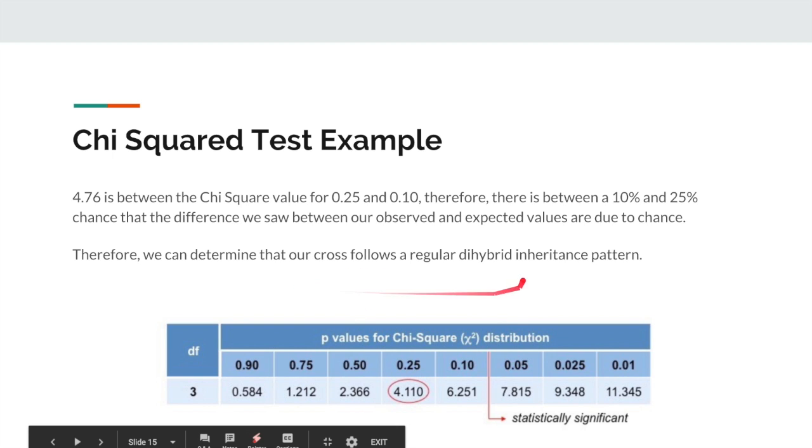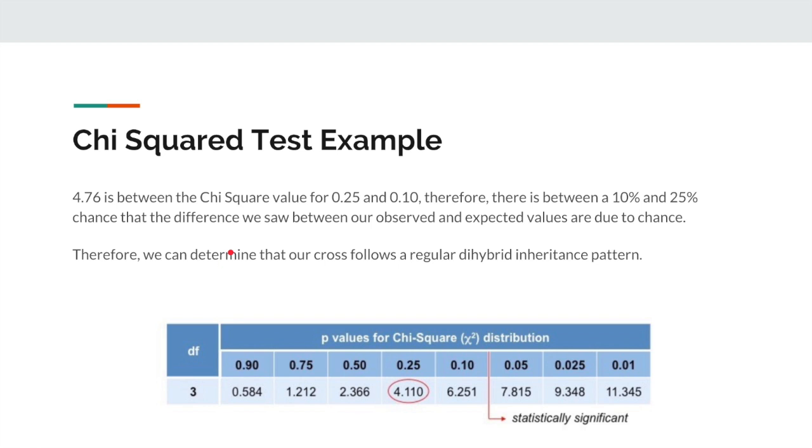Now, this is a table that's going to be given to you. This is just a predetermined thing. Here we only highlight the 3 degrees of freedom because, again, it was a dihybrid cross. There are 4 options. Subtract 1 from that, and you get 3 degrees of freedom. Because our chi-squared value was 4.76 in total, that's between here and here, as you can see, right?